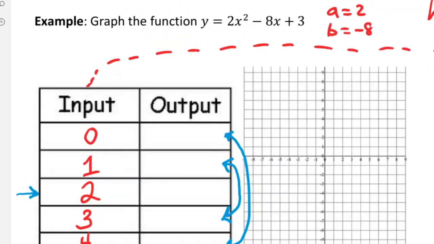Now, one other hint for you. The number at the end of the equation, that c value, is the y-intercept. The y-intercept is when x is 0. So without even calculating, I can fill in the output as 3. But think about it.